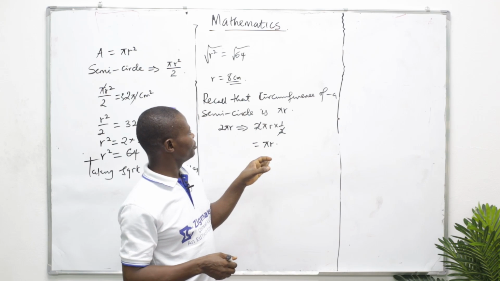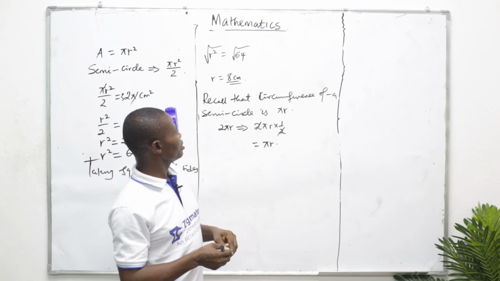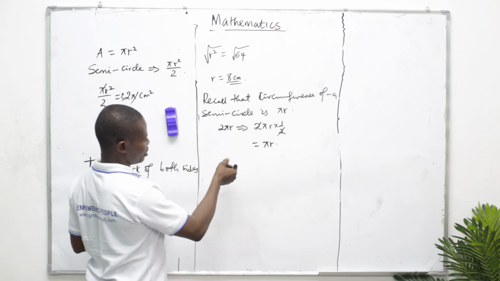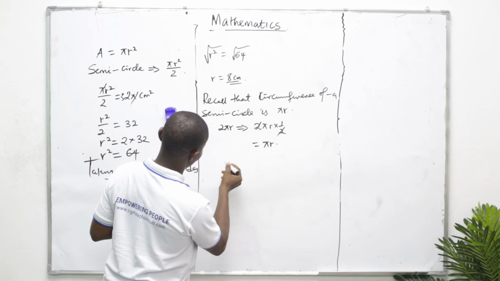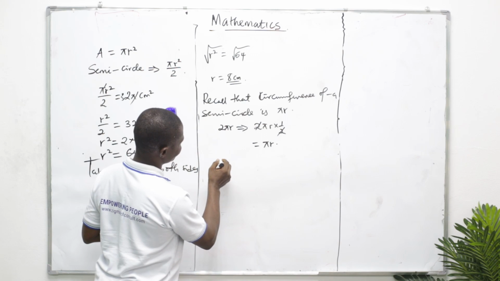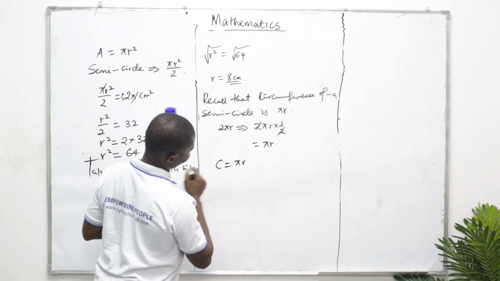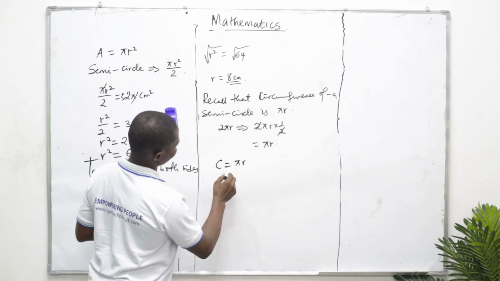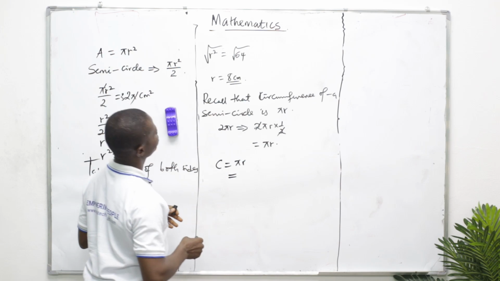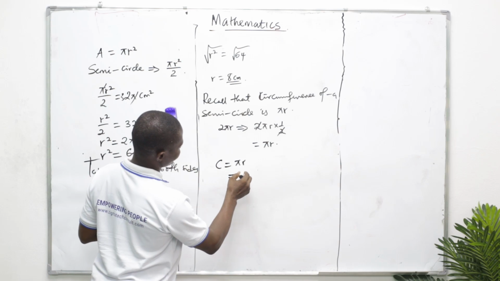Pi r is the semicircle formula. So the circumference C equals pi r. This will give us pi.